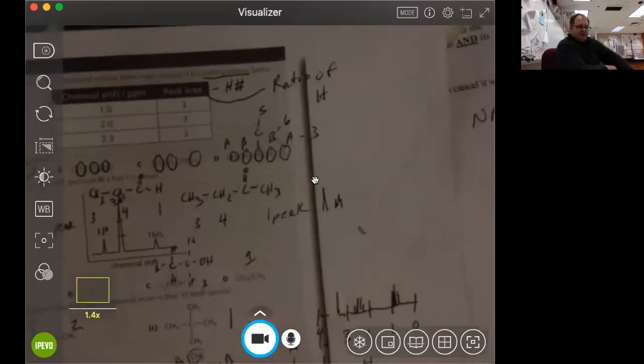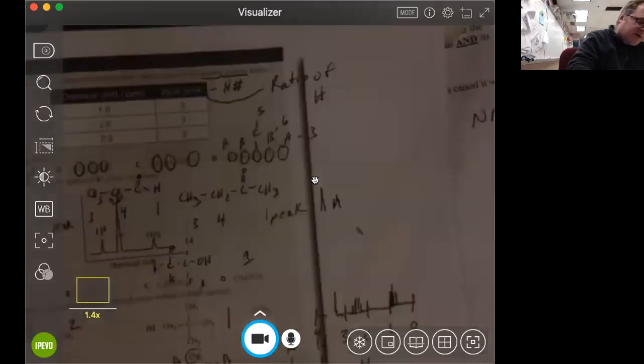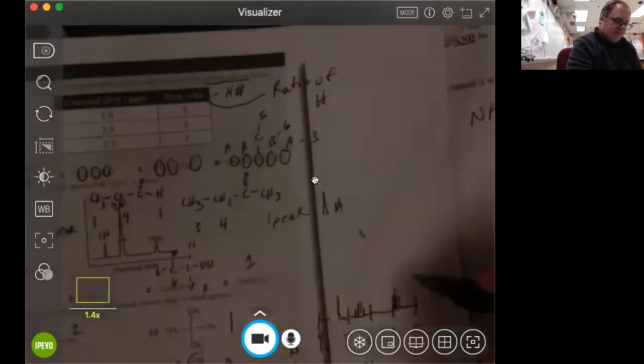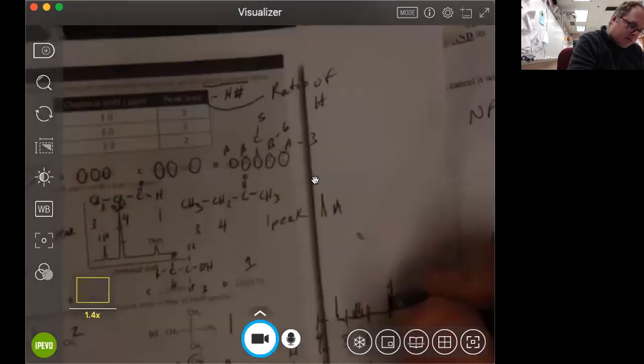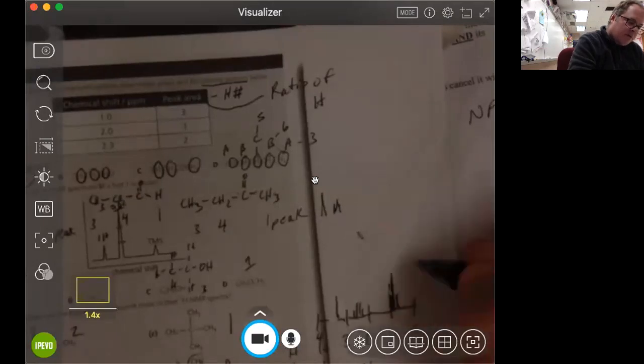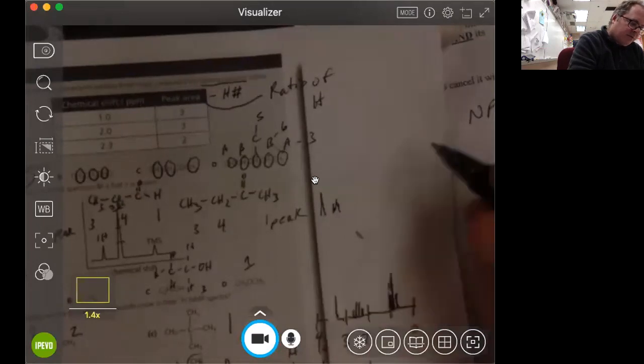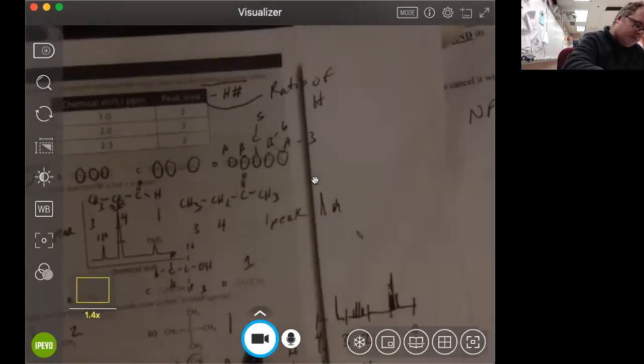What's our ratios though? We didn't do ratios well. The first one, the lowest one with 4, is going to have a ratio of 2. The one with 3 is going to have a really high ratio because it's 3. And then the OH is going to be 1.